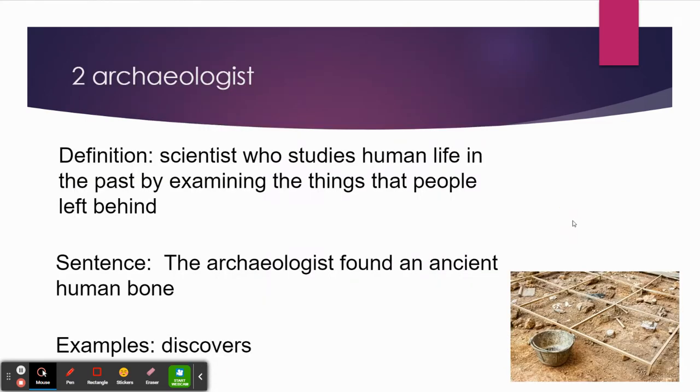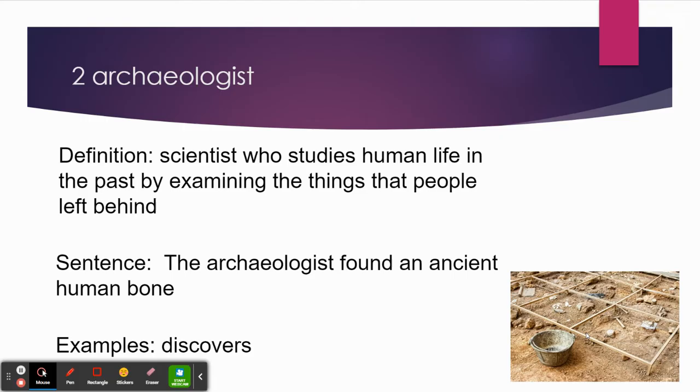The next word is archaeologist. The definition is scientist who studies human life in the past by examining the things that people left behind. The sentence I chose, the archaeologist found an ancient human bone. An example I used, discovers.